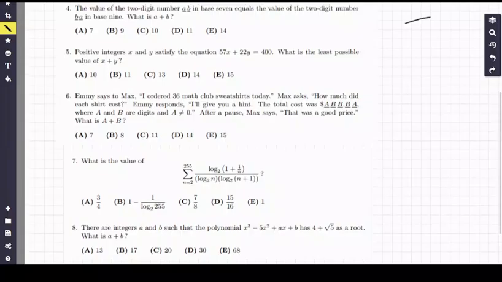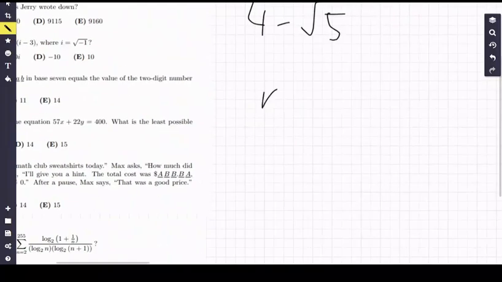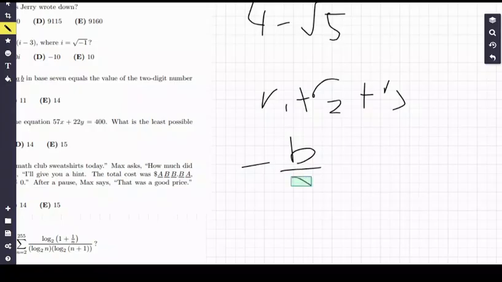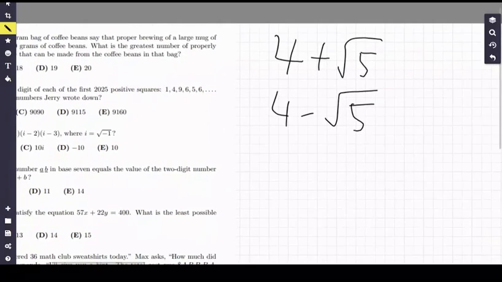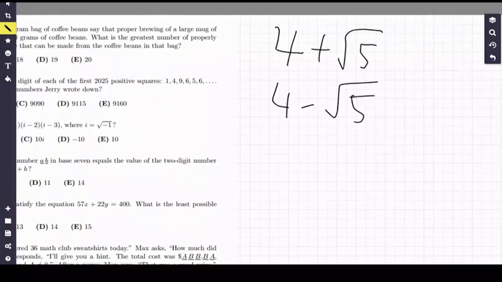For a cubic function, we could have all the roots r1, r2, and r3. This is going to give us negative b over a. So we're going to use a variation of his formula, still using the formula for roots.